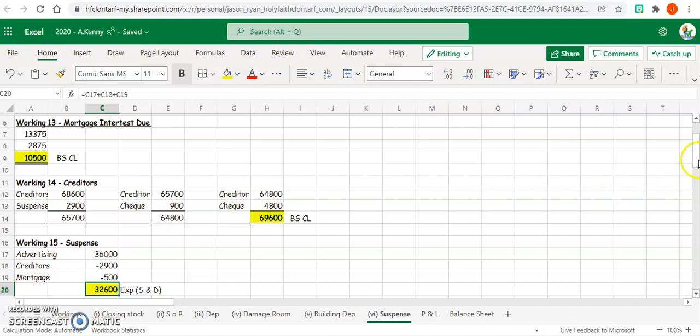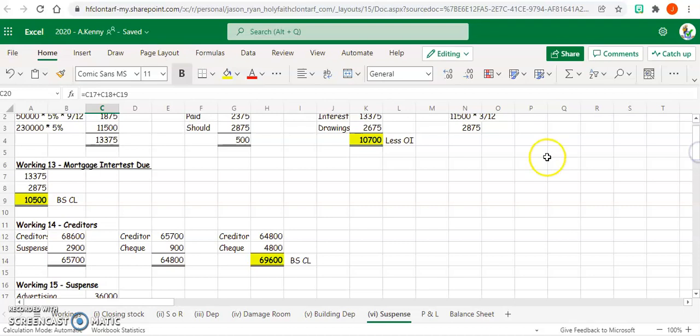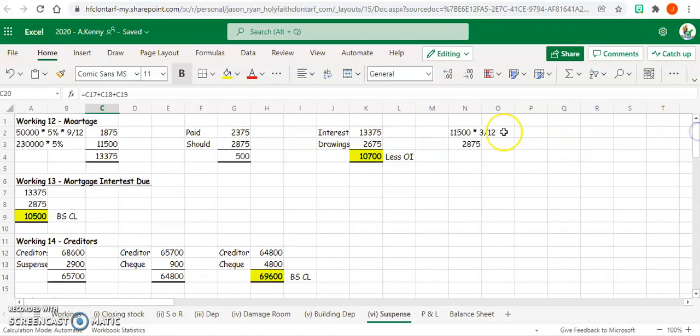So looking at your mortgage interest, remember three figures for your mortgage when it's done incorrectly in your suspense. The interest for the year to go into your profit and loss account, what you need to increase or decrease for the 3 months mortgage interest paid, and what's left then for mortgage interest due.